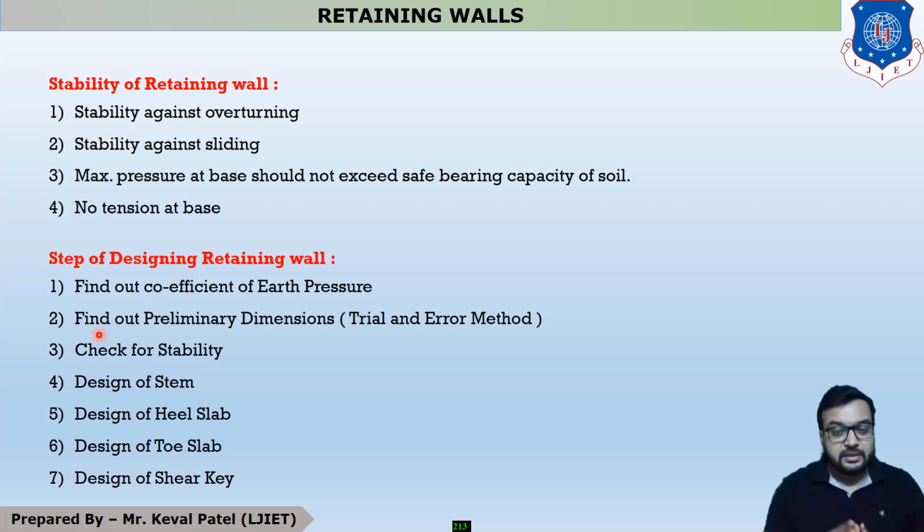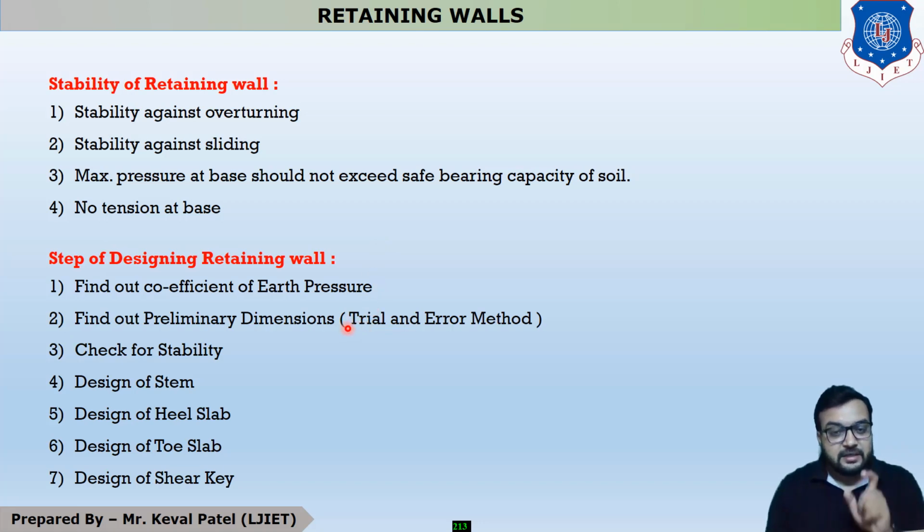Your step number 3 is check for stability, in which there are three main checks. First one is stability against sliding, overturning, and maximum pressure not exceeding SBC. Okay, if any one check fails, then we have to redesign our dimensions.